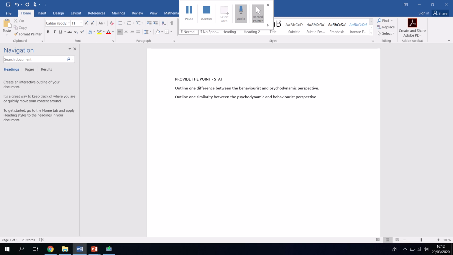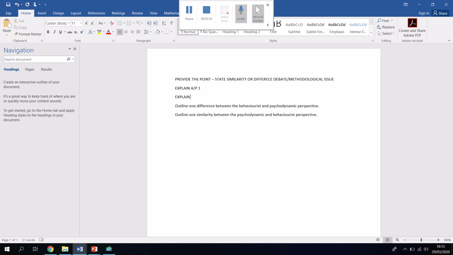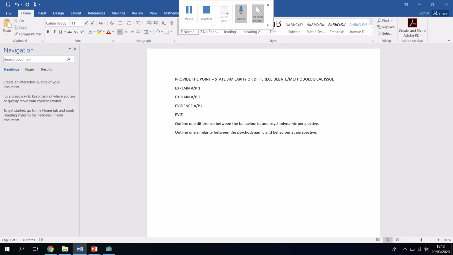In other words, state a similarity or difference in terms of a debate or methodological issue, such as reliability, validity, etc. You need to explain for area or perspective 1, explain for area or perspective 2, then give evidence from area or perspective 1, and evidence from area or perspective 2.